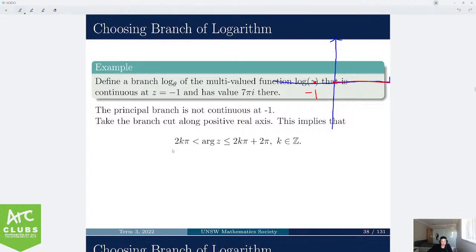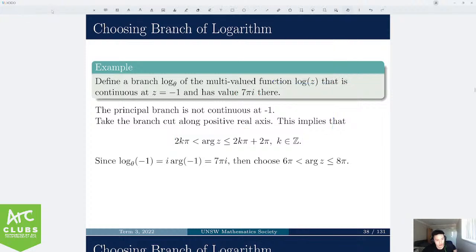And hence, from the definition, that's going to imply that arg z is between these two values, and our game here is to find the value k such that we have the 7 pi i at -1. We're given that the log theta of -1 is, again, defined as ln absolute value of -1 plus i arg of -1. ln of 1 is just going to be 0, so that goes away, and hence we get i arg of -1.